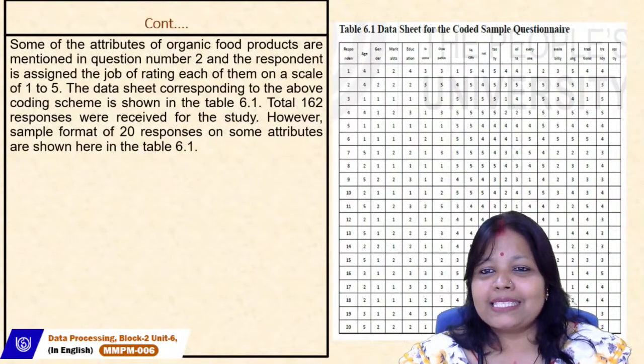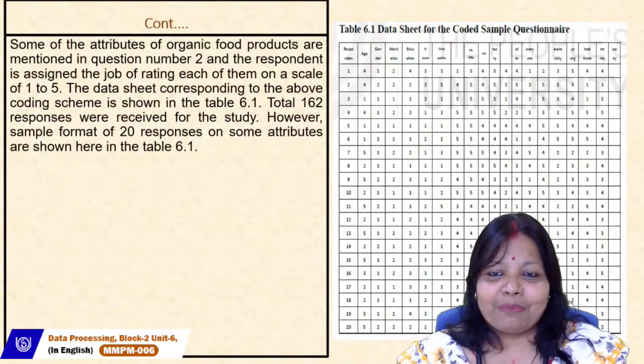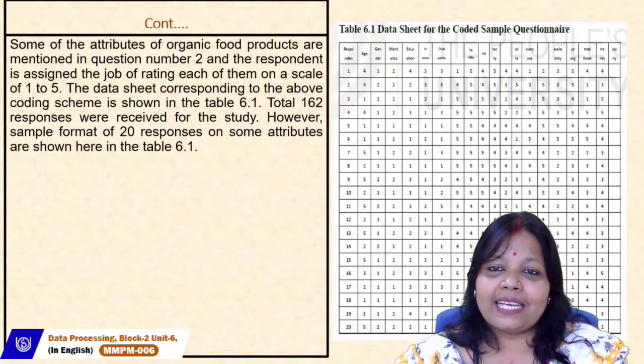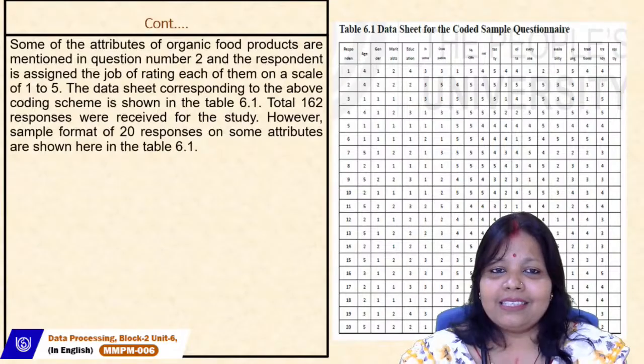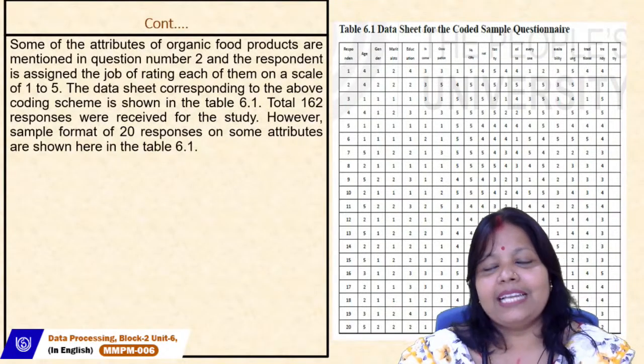Many long sentences are there, but actually it looks like a number only, because this number represents the response given by the respondent. So a total of 162 responses were received for the study. However, a sample format of 20 responses I have given here.